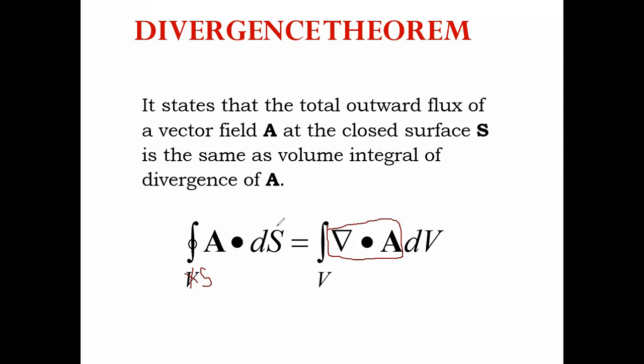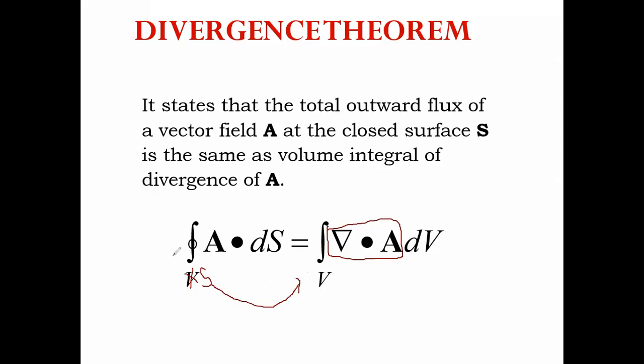Okay. So Stokes theorem gives you the tool for converting the line to surface, and this gives you the tool for converting the surface to volume. Is it okay? Yes, sir. Once again, I'm repeating that divergence theorem, given by Gauss, is also known as Gauss divergence theorem.